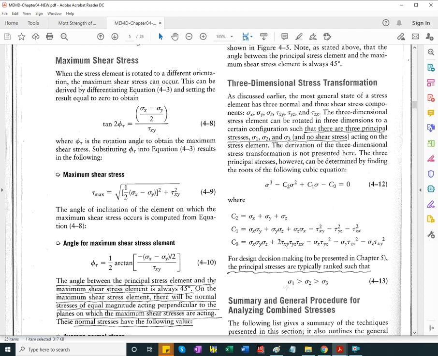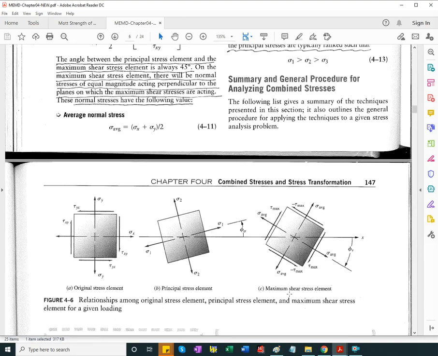Again, we like to report principal stresses as sigma 1 the largest, sigma 3 the minimum, and sigma 2 in between. So these are the principal stresses.